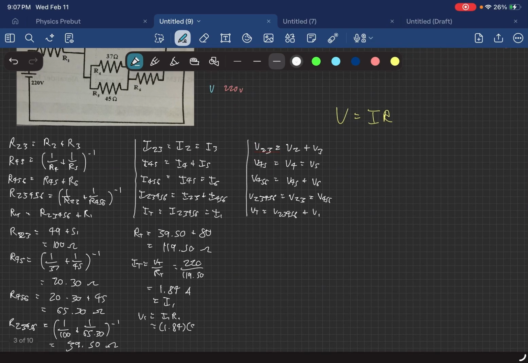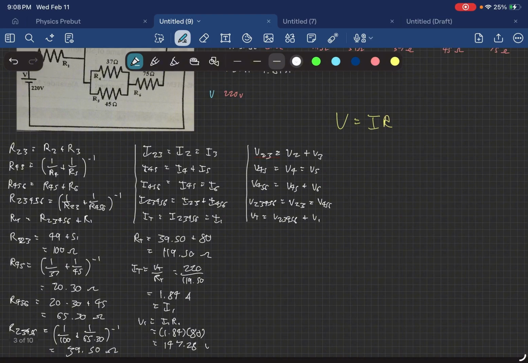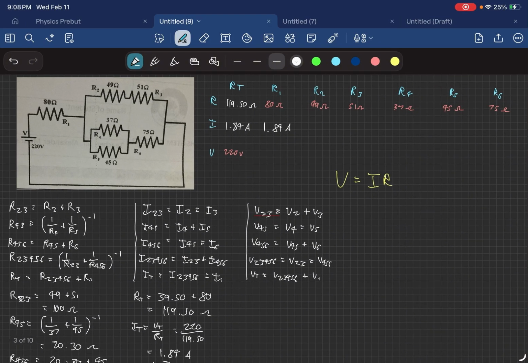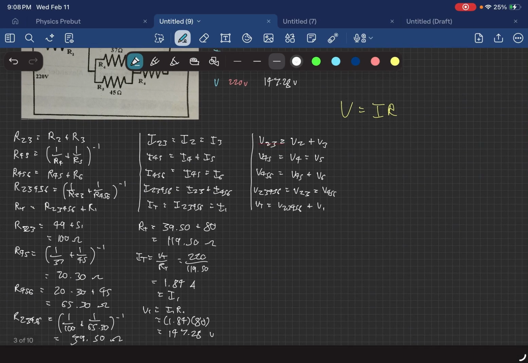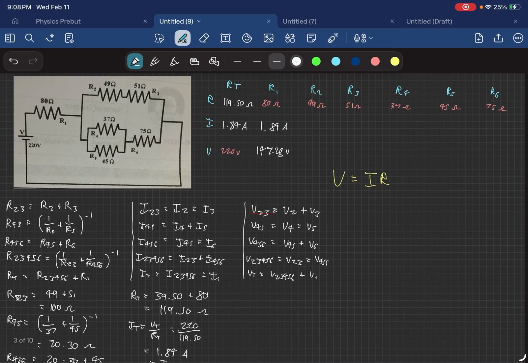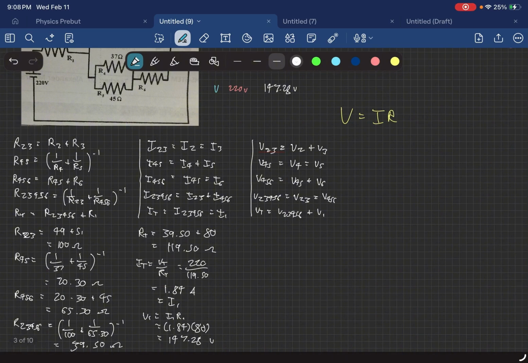R1 is 80. And our V1 will be 147.28 volts. 147.28 volts.